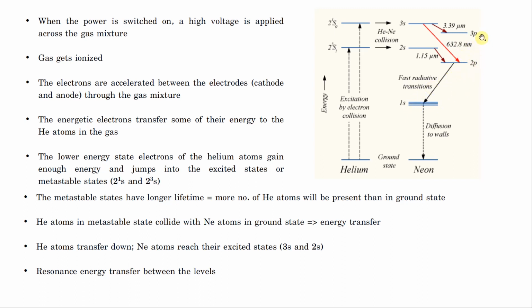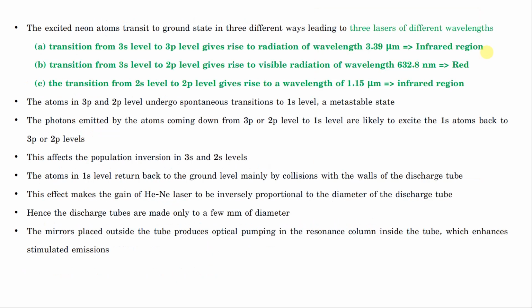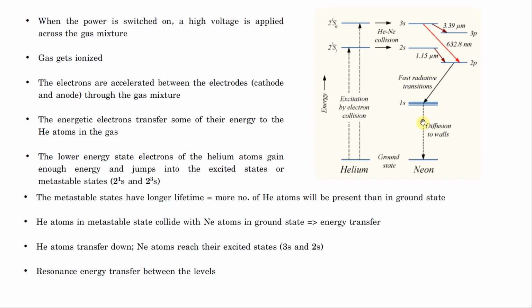This will result in an increase of atoms in the 3p and 2p levels in comparison to the 3s and 2s levels, so that will affect the population inversion. Population inversion and stimulated emission happen only when the 3s and 2s levels have more atoms than the 3p and 2p levels. But if 3p and 2p get more atoms, then population inversion is affected or stops. Now, the atoms in the 1s level can come down to the ground state by colliding with the walls and undergoing diffusion.